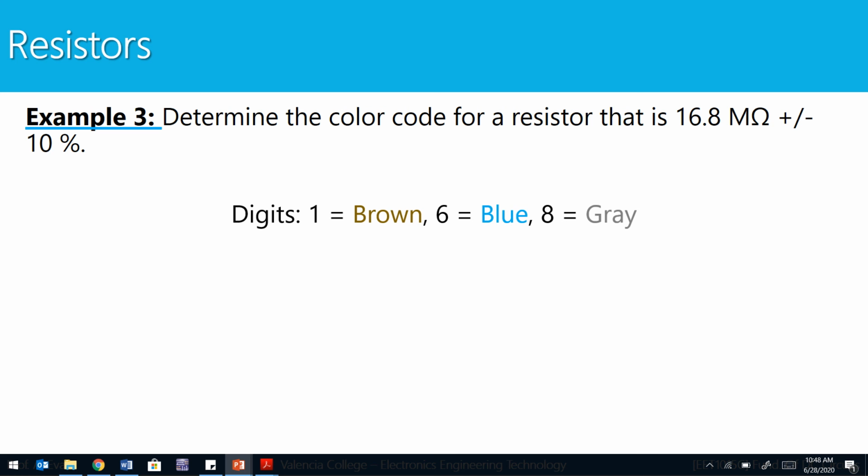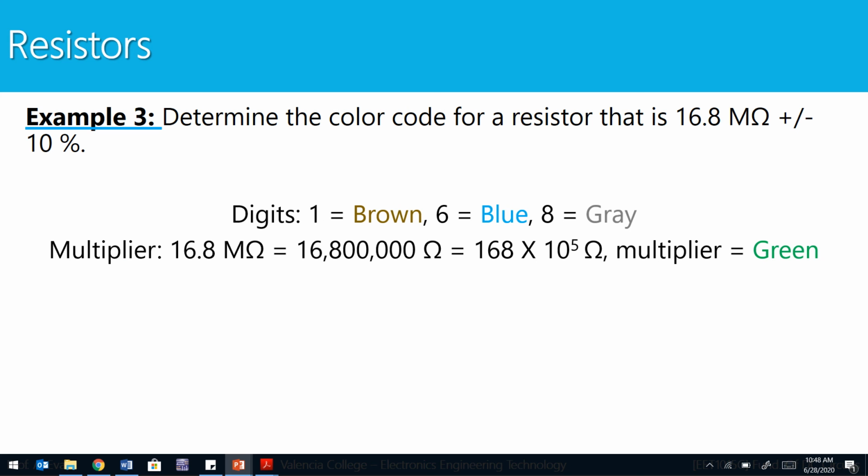Next, I need to figure out the multiplier that's going to give me 16.8 mega ohms. You see it's 16,800,000. If we write that out, that's our 16.8 million or mega ohms.